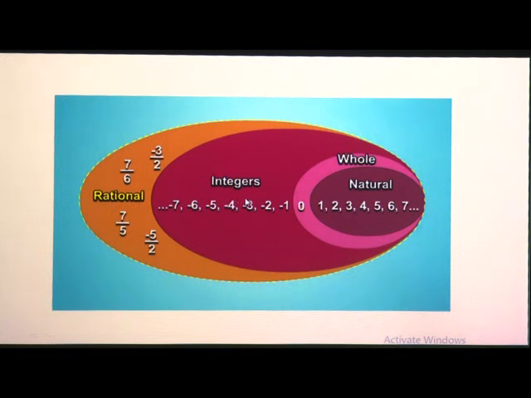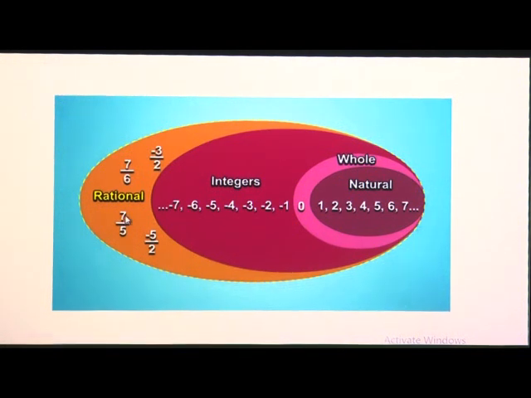These are integers. And now, what are the rational numbers? Now, you know that decimals, as well as the natural numbers, whole numbers and integers together, are included in rational numbers. So, we write a rational number in the form of 7 upon 6, or minus 3 upon 2, where the denominator is a negative integer, or the numerator is negative and the denominator is positive.